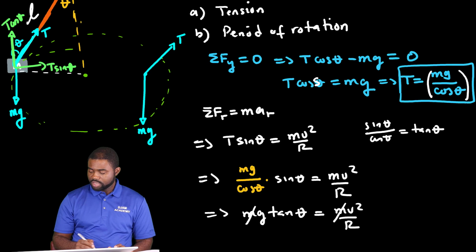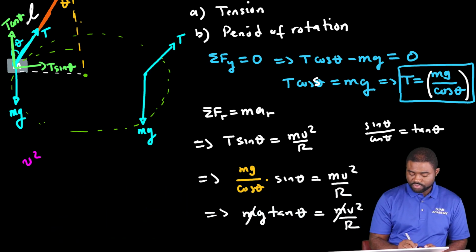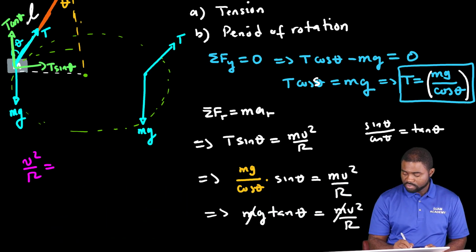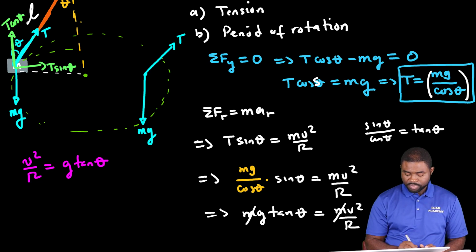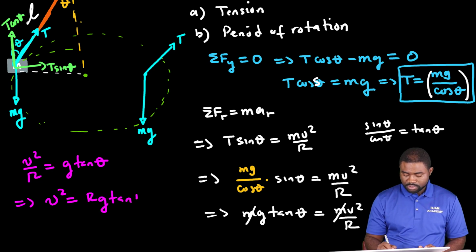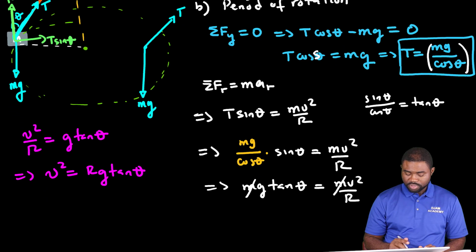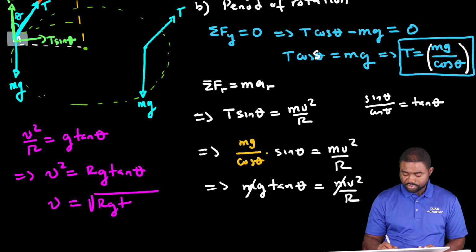And if that is the case, we then have v squared over r equal to g tangent of theta. This implies that v squared is equal to rg tangent of theta. In other words, v is equal to the square root of rg tangent of theta.